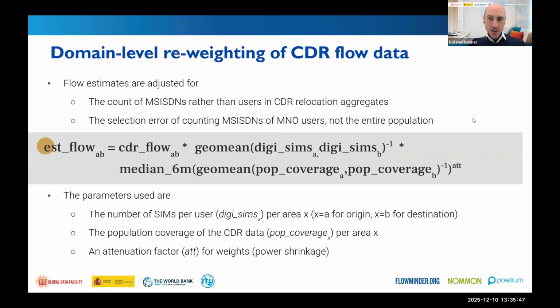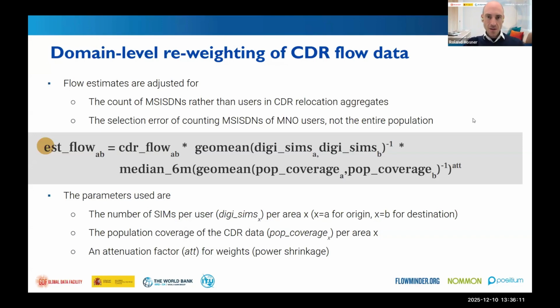Specifically, what do we do then? We take this concept of domain level reweighting and apply it to CDR flow data, so in our case, monthly flows from one admin area to the next. We have the raw CDR aggregates, CDR relocation aggregates, as we call them. These are really counts of SIMs at the end. They're not counts of users.